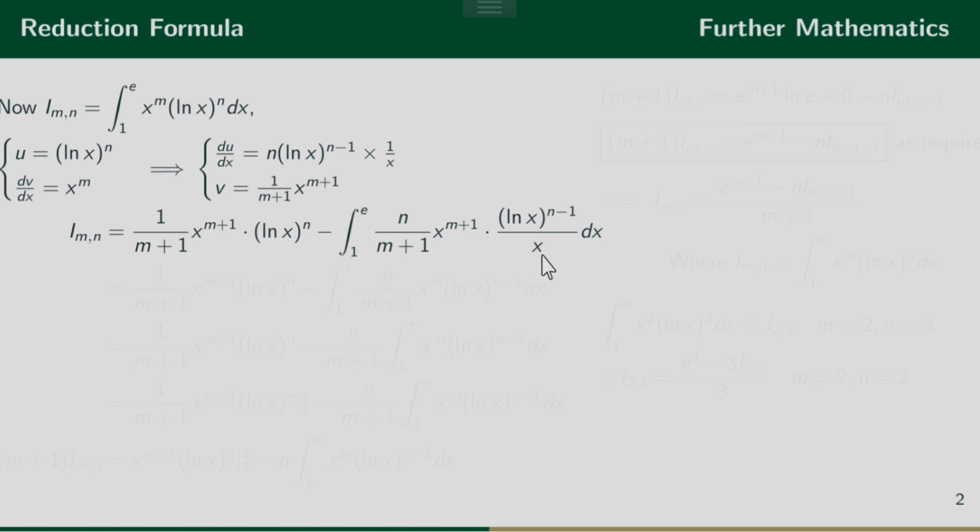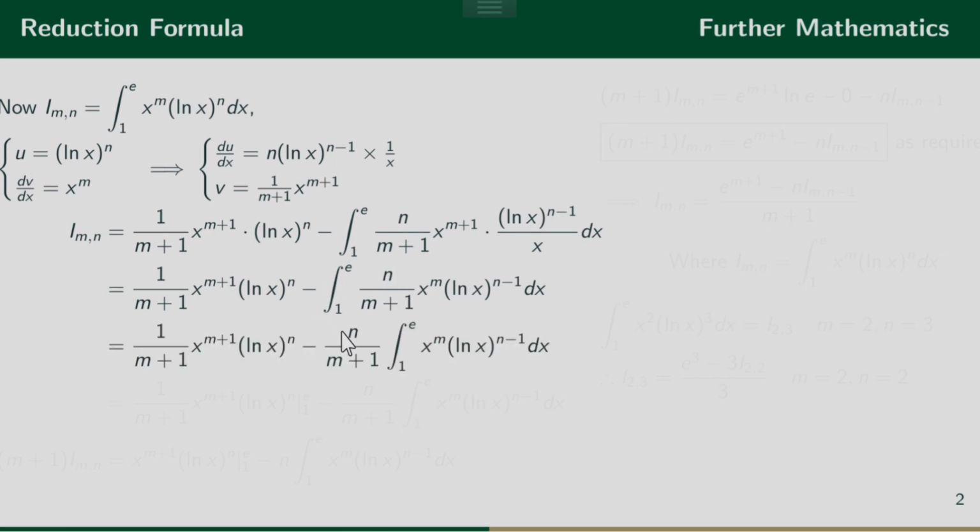At this juncture, I'll need to bring the terms in x together. Applying the law of indices, x reciprocated gives x raised to the power negative 1, which adds to this 1 and gives x to the power 0. So the x vanishes, and I will be left with x raised to the power m. So this is what I have: n divided by m plus 1, x raised to the power m, ln x raised to the power n minus 1 with respect to x. I can bring out this constant, so n divided by m plus 1 goes out of the integral sign, and I maintain everything else.